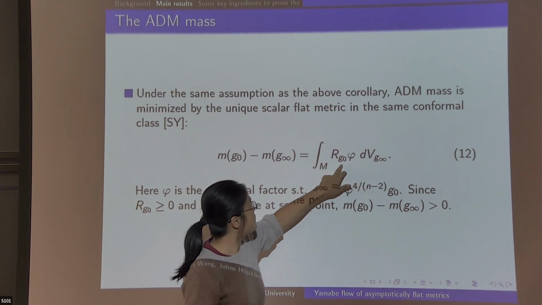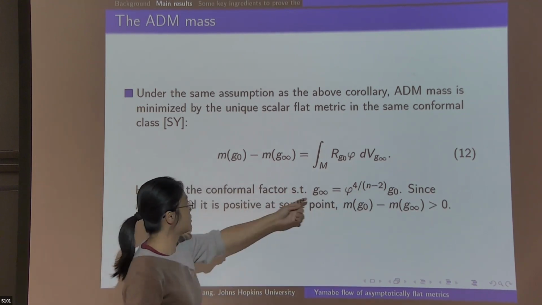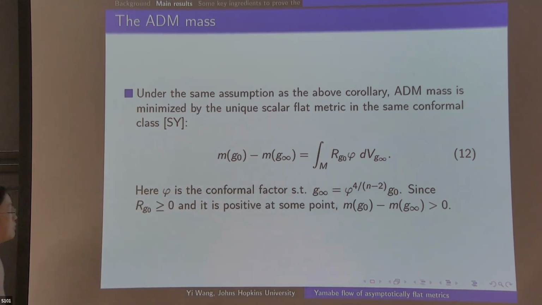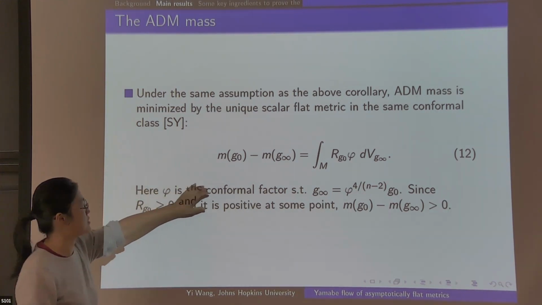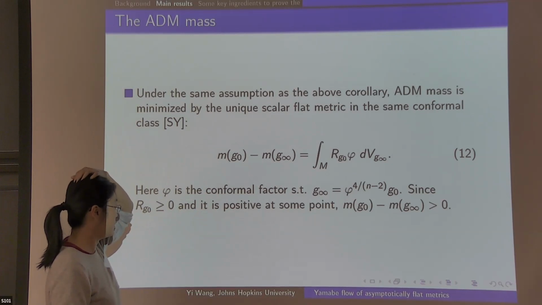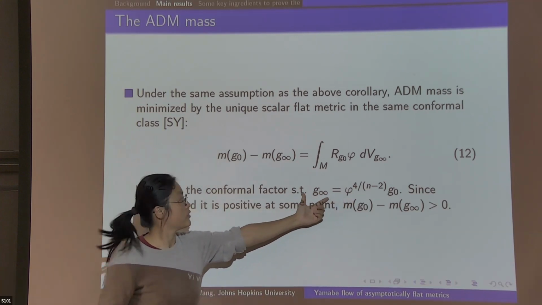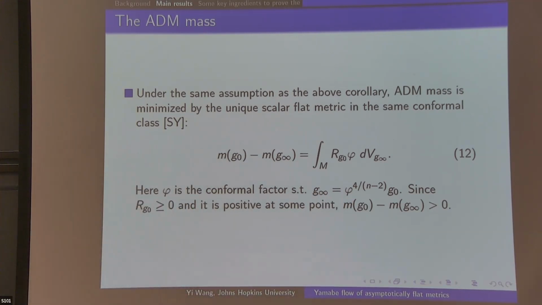Also, you can see R of g0 is positive, phi is the conformal factor, so it's positive. So the right-hand side is non-negative as well. So it's a different description, but ours is using flow, and theirs is not using flow, but using the elliptic equation, because phi is a conformal factor such that this one holds. So phi is the conformal factor that solves the scalar flat metric equation.